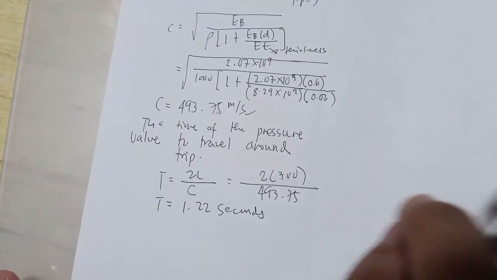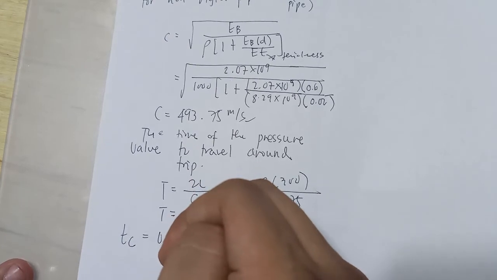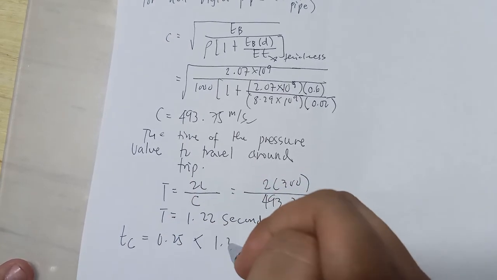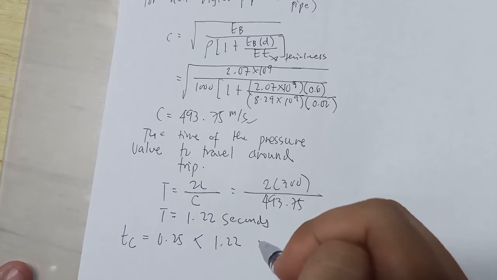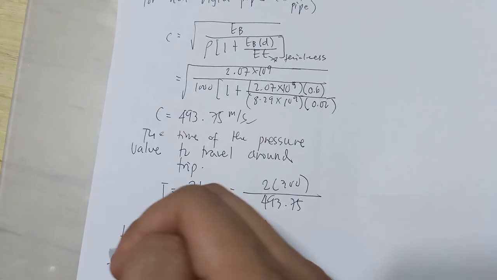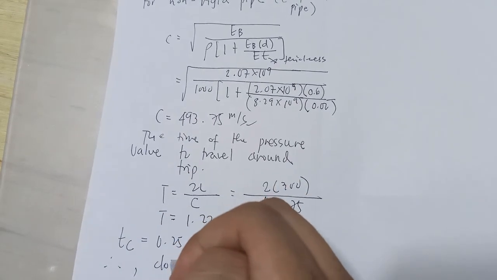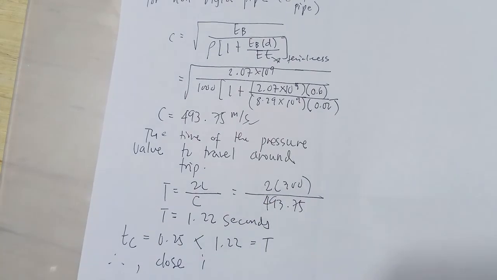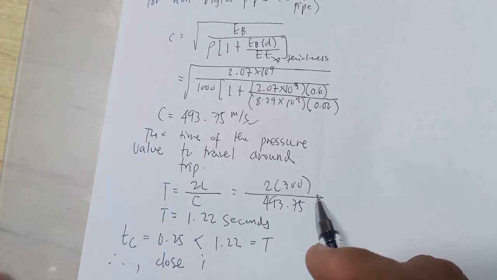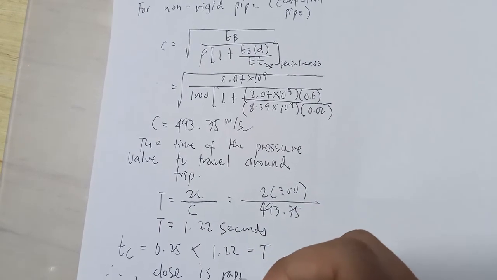So check the time. The time of closure is 0.25, which is less than 1.22 seconds. This is the T. So therefore, based on the condition, when time of closure is less than T, it is rapid. So closure is rapid.